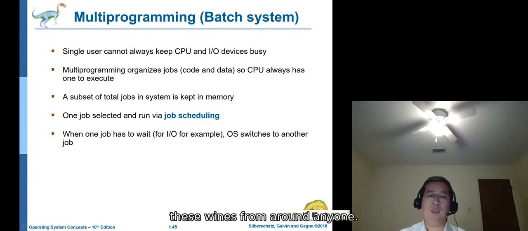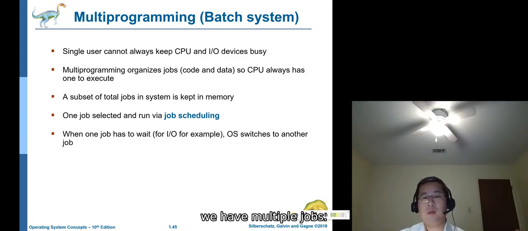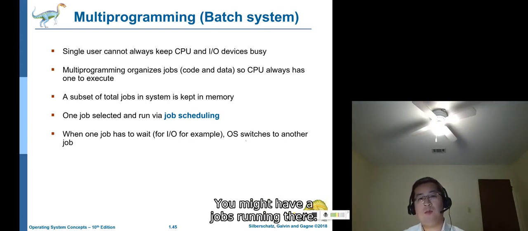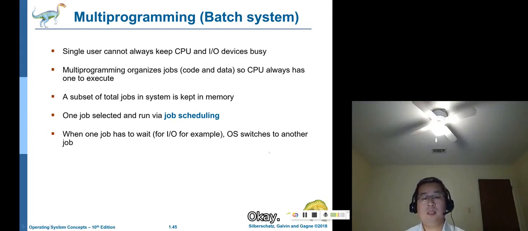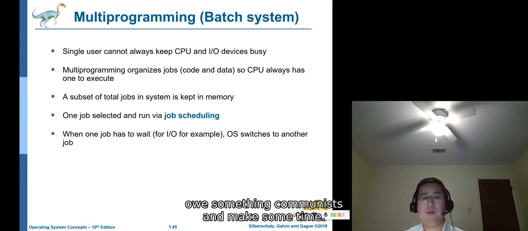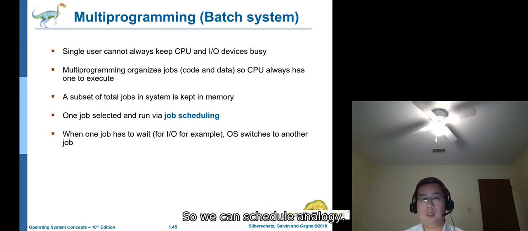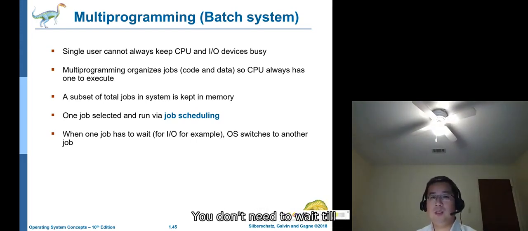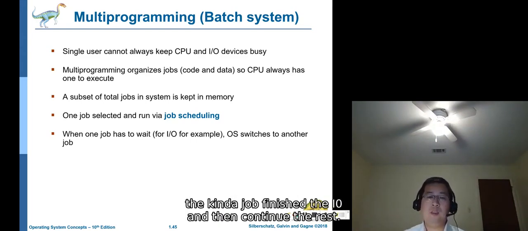Sometimes running this one, sometimes running that one. But within this period of time, multiple jobs are running. So if one job cannot continue due to some issue, like I/O, we can schedule another job. We don't need to wait till the current job finishes the I/O and then continue the rest.